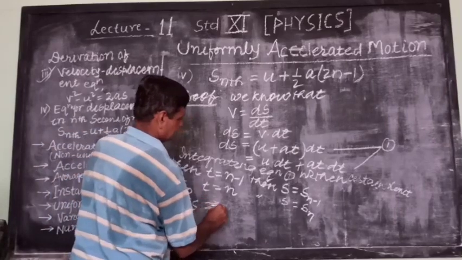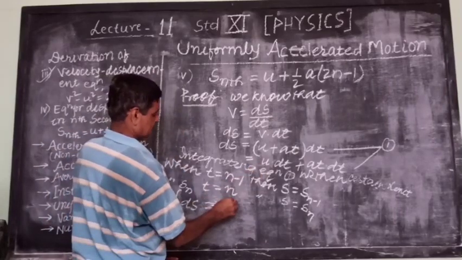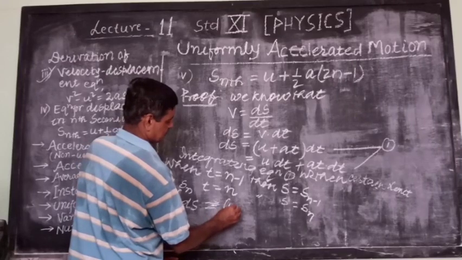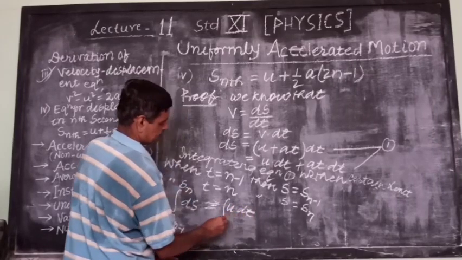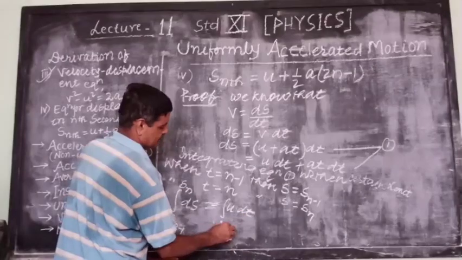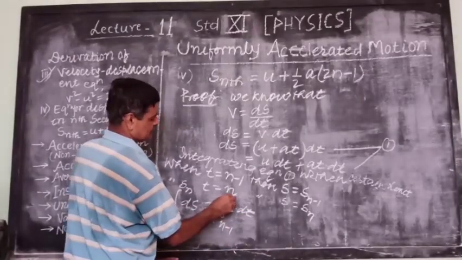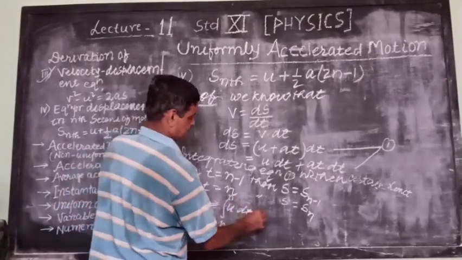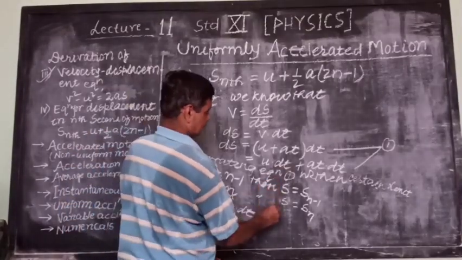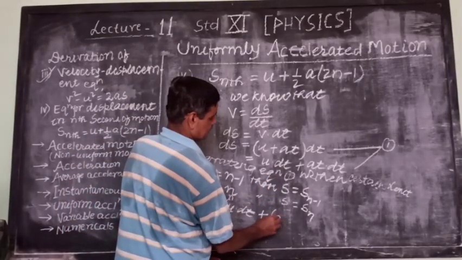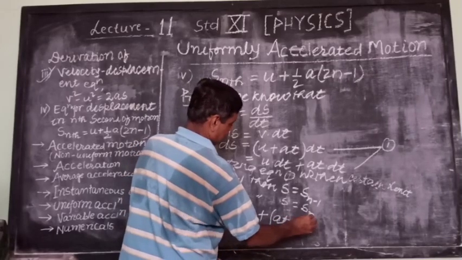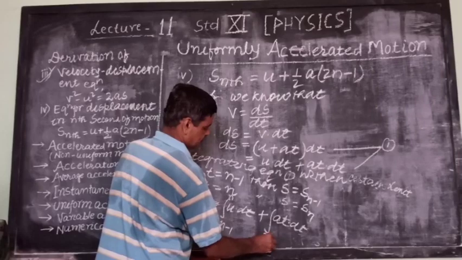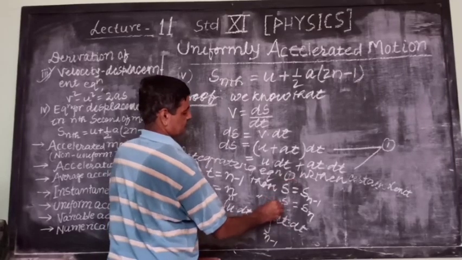And this is integration of u into dt from n minus 1 to n plus integration of at into dt from n minus 1 to n.